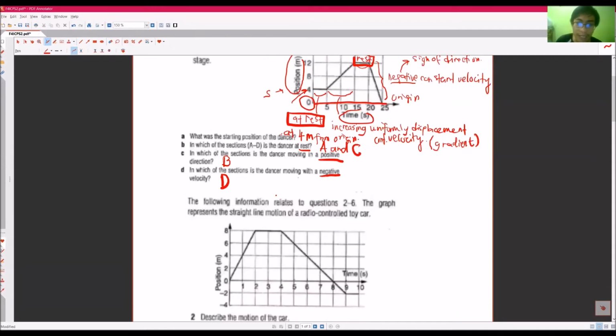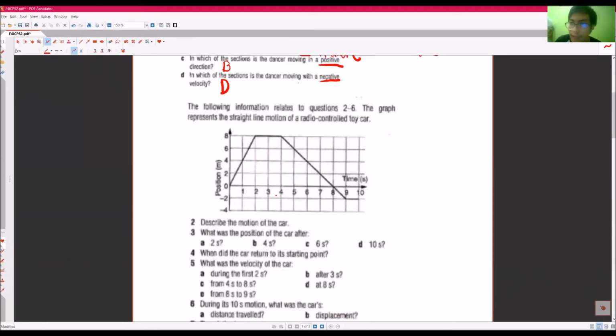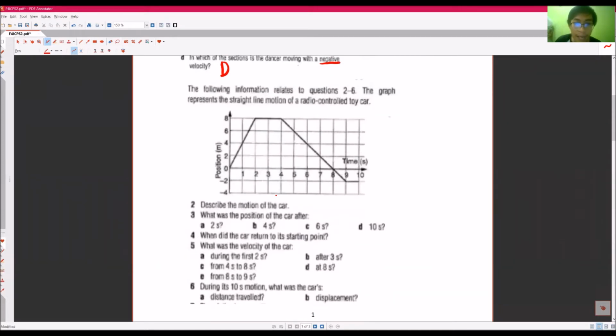Now we move on to the next part, where we probably have some calculation that we need to do. The following information relates to questions 2 to 6. The graph represents the straight line motion of a radio controlled toy car, an RC car.